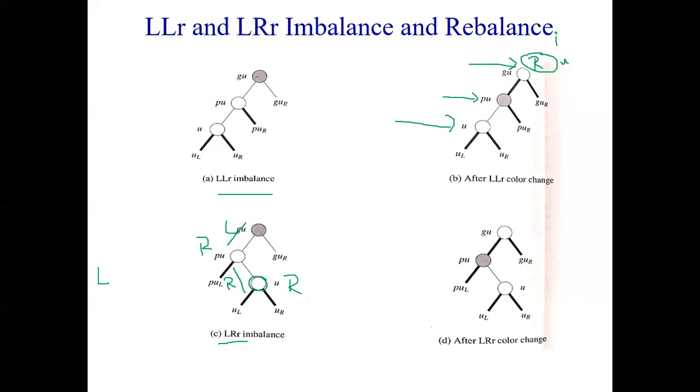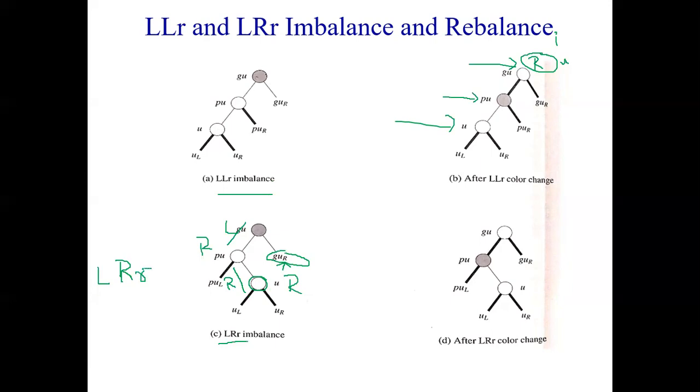So what is it? It is LR imbalance. But whether it is LRR or LRB, that will be known by the sibling of the parent. So the parent's sibling is in what color? It is in red color. So it is LRR imbalance.